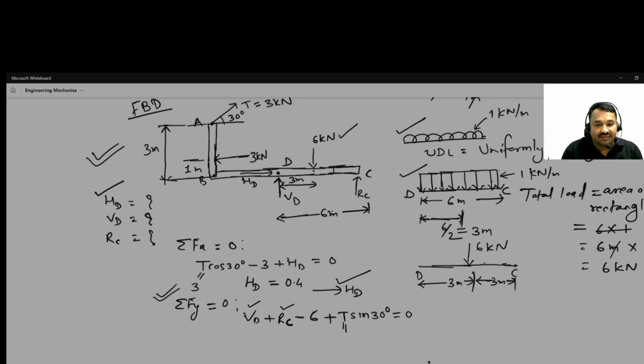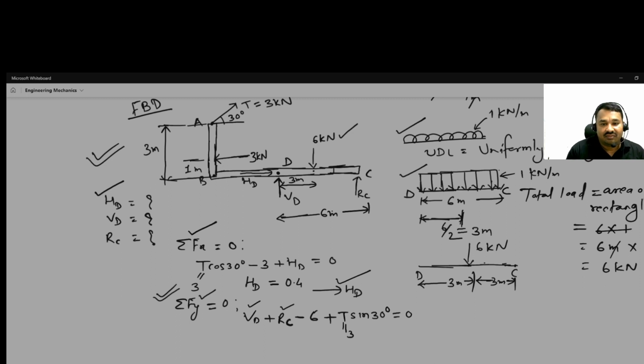T is already given, it's 3. So here we need to stop, we cannot proceed because two unknowns are there. Okay, so that's why we should know either VD or RC. So this criteria, summation of Fy, we have already applied.